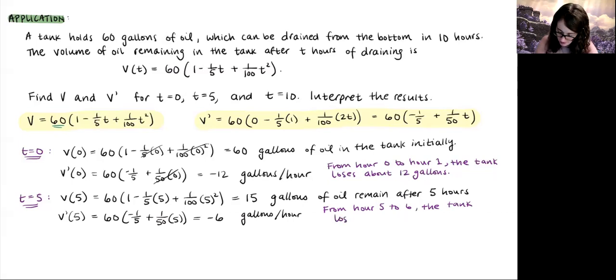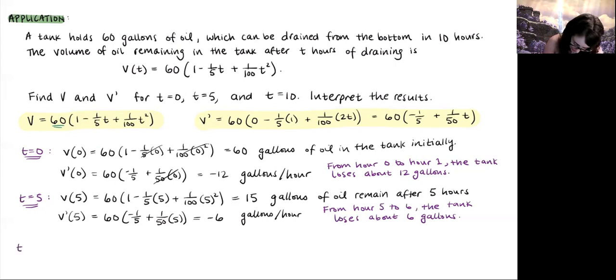The tank loses about 6 gallons. Okay, so in the middle, halfway through, there's less than half of the amount left, and it's draining more slowly, right? It's draining slower because we're losing less gallons over an hour than we were in the very beginning. So it's like all gushing out quickly at first, and then it's starting to slow down after that.